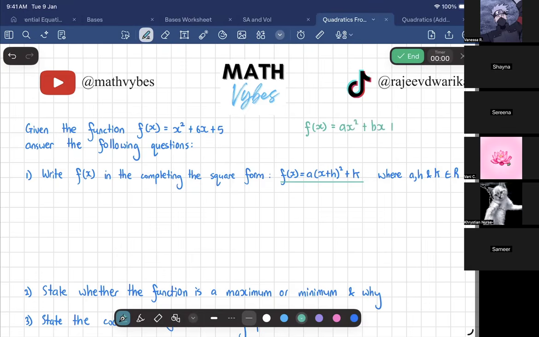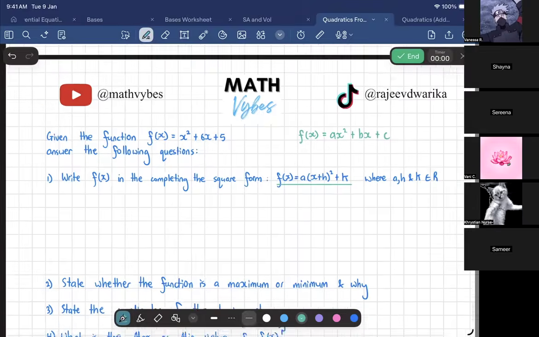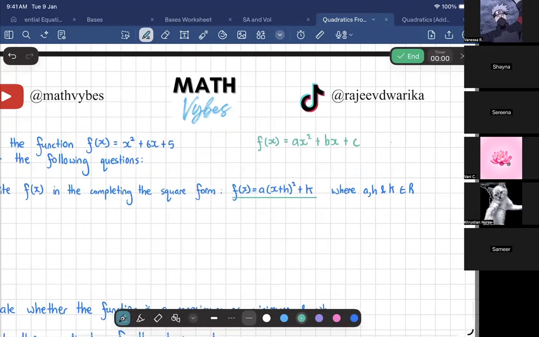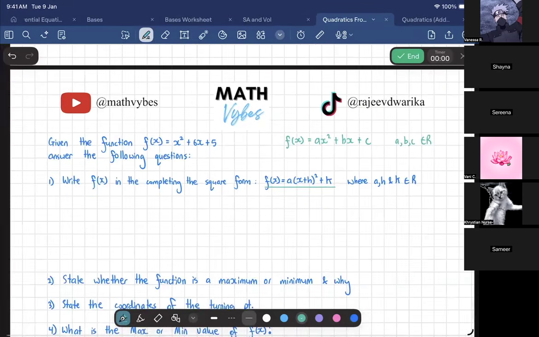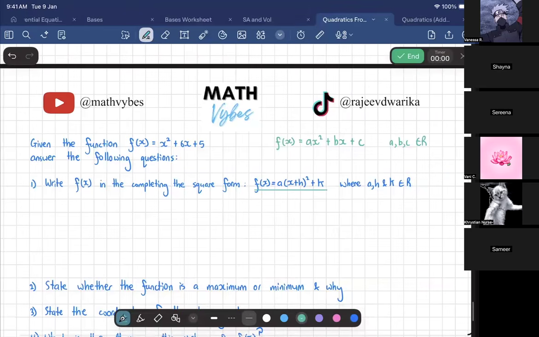Right. I want you to cover this question and see if you're seeing anything that looks like that. Remember that a, b, and c are going to be real numbers. So a, b, and c could be any number. So look at the question and see if you're finding anything in that form.